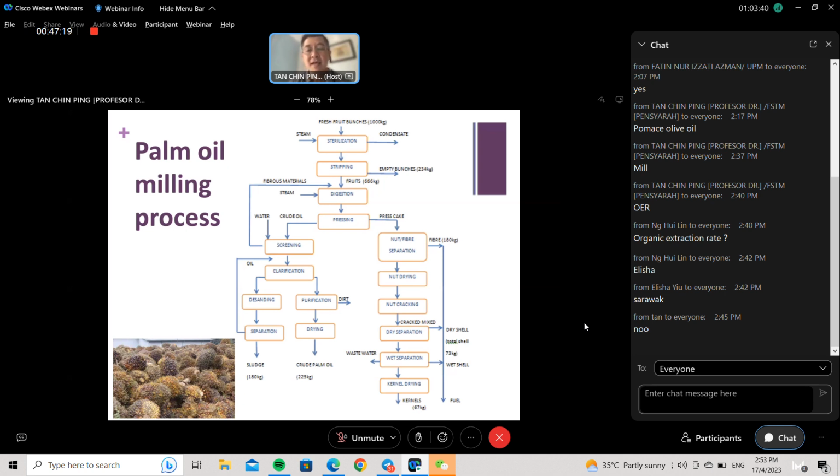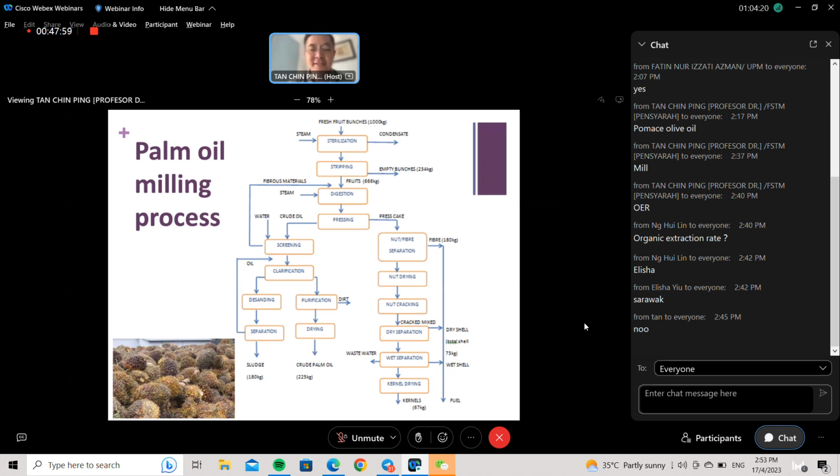In a day, they will have to treat 180 kilos times 100, so it is almost like 18 tons, 18,000 kilos of sludge that you need to treat before you can discard it to our drainage system or river. So therefore, in the mills, you always see very big pools or ponds.